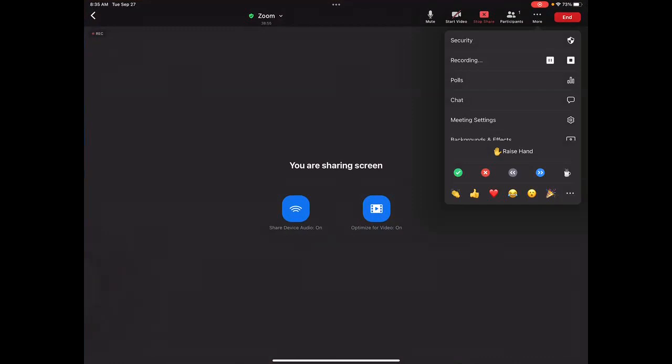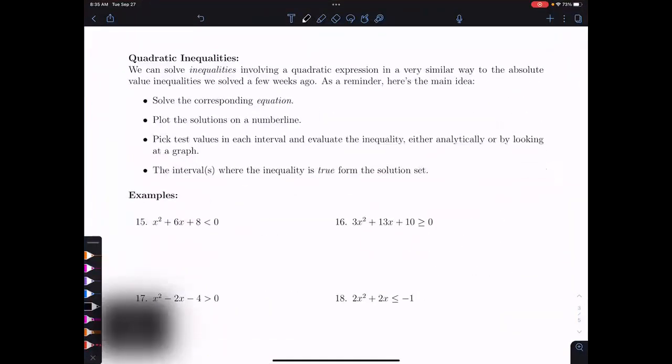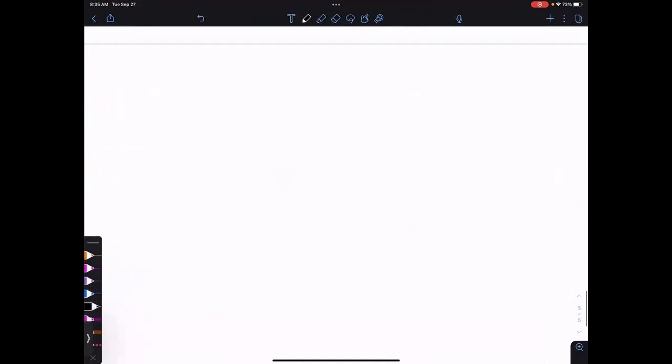Let's look at one of those inequality problems for a minute. I don't remember what number that is. It's the first one in the inequality section: x squared plus 6x plus 8 is less than 0.